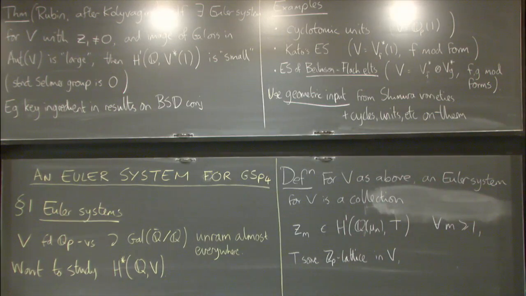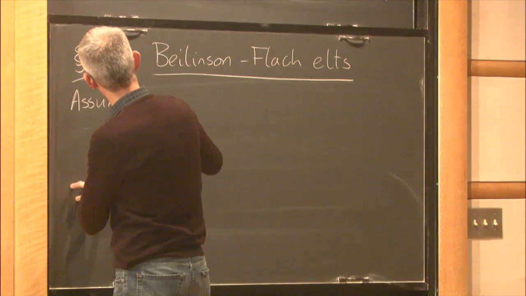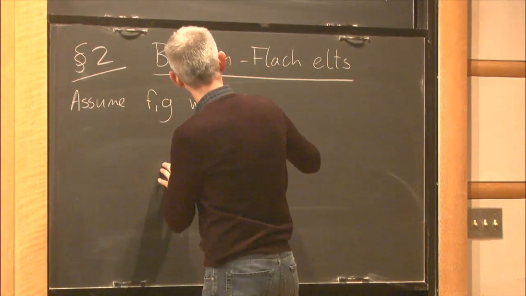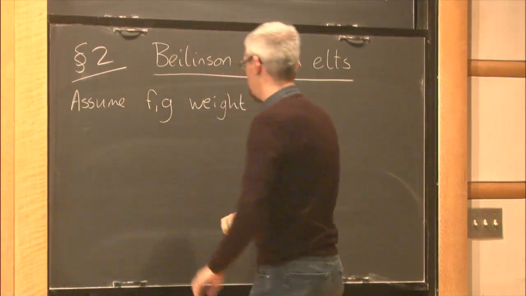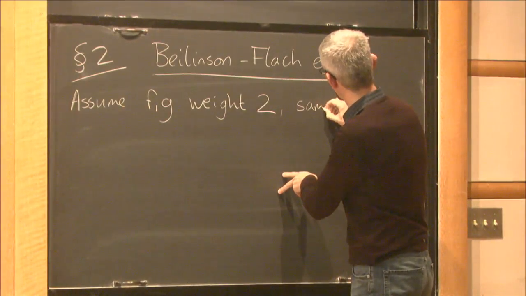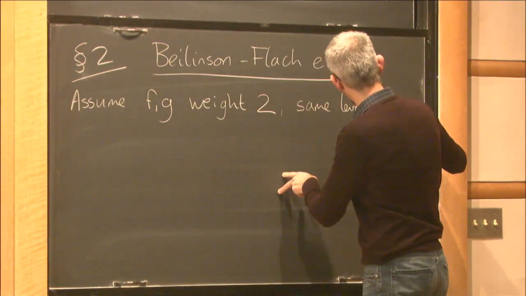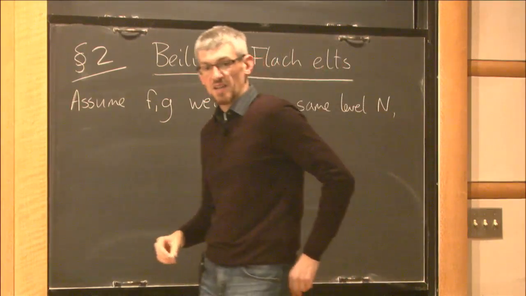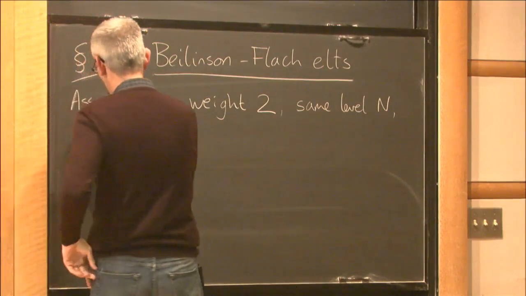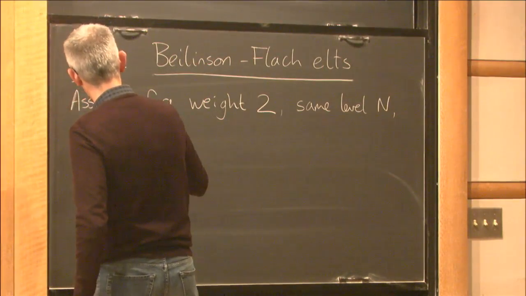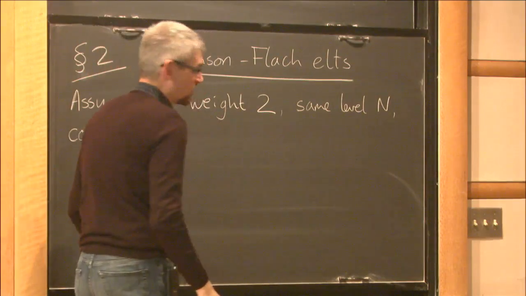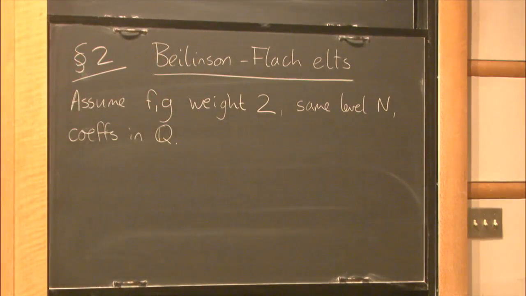So for simplicity, I'm going to assume that f and g are of weight 2 and the same level. And I'm going to assume that their coefficient field is Q. Just so I don't have to muck around with the coefficients in finite extensions.